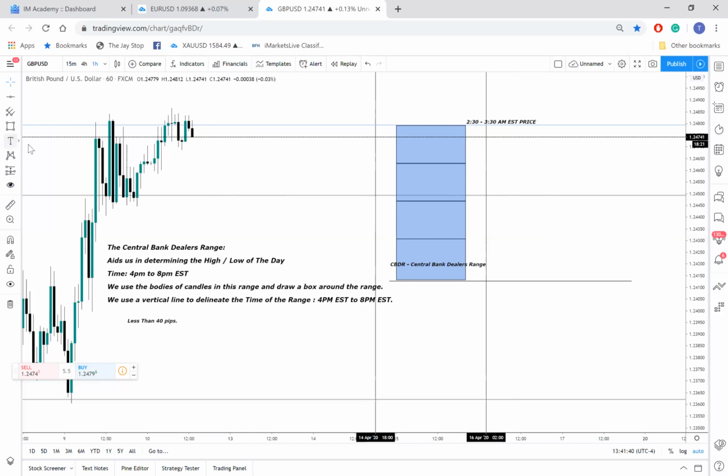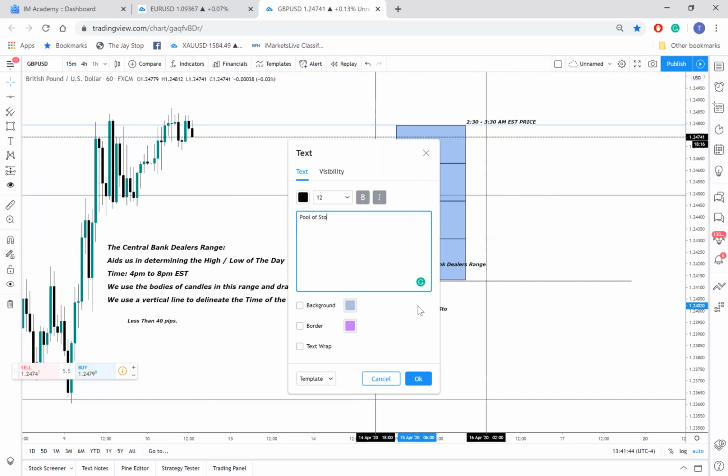Now what's going to happen is below here is going to rest a pool of stop losses, because the people who are buying that breakout trade, not knowing that the high is being posted at 3 a.m. and they're just chasing that trend, their stop loss is 30, 40 pips below that low. So the bank is going to come and hit their stop losses below the central bank dealers range, because that's where they built up the orders.